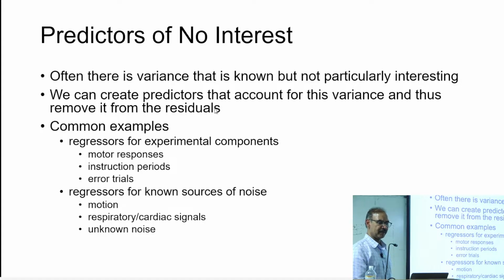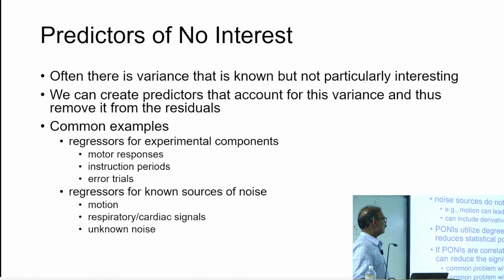Common examples are regressors for experimental components: motor responses, instruction period, error trials. Regressors for known sources of noise would be motion, respiratory and cardiac signal, and unknown noise sources.